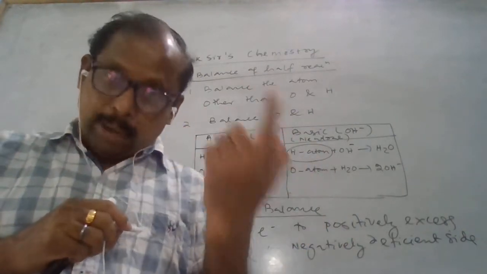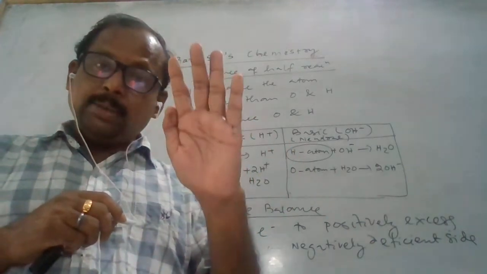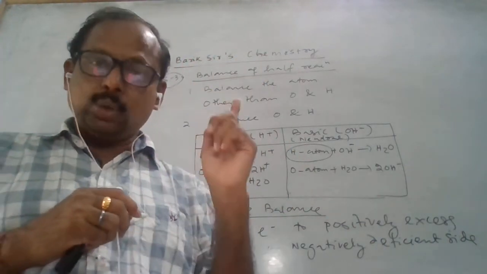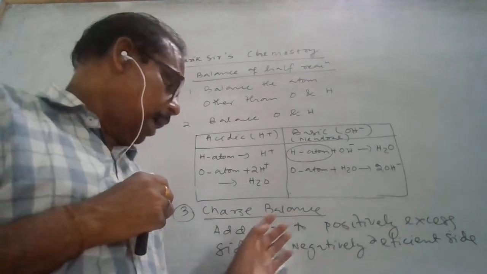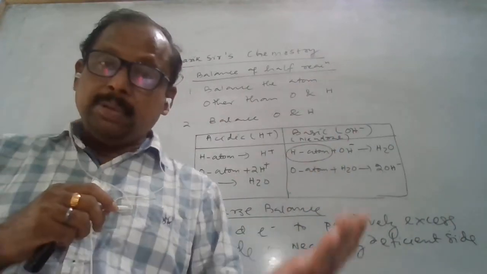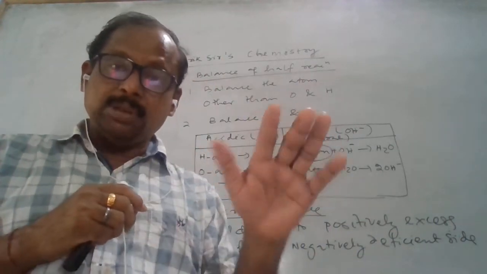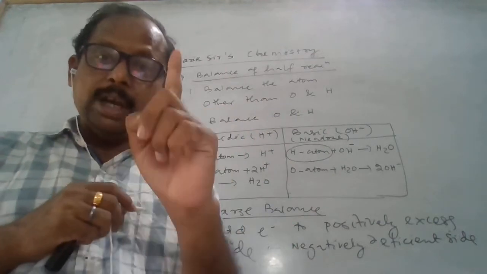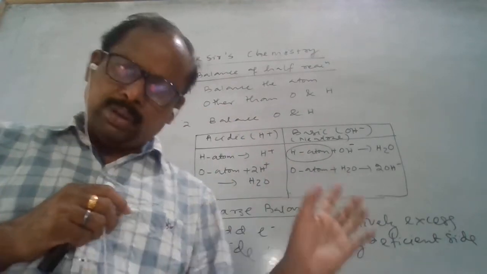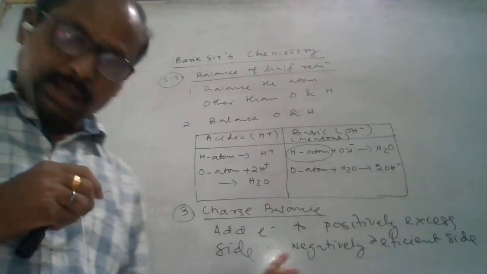One electron carries -1 charge, so to balance the positive charge, you have to add electron. And for the negatively deficient side, the side which contains less negative charge, you can add the electron because electron carries one negative charge. So with the help of electron, you can balance the charge.